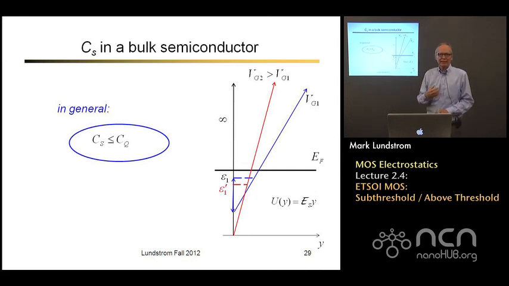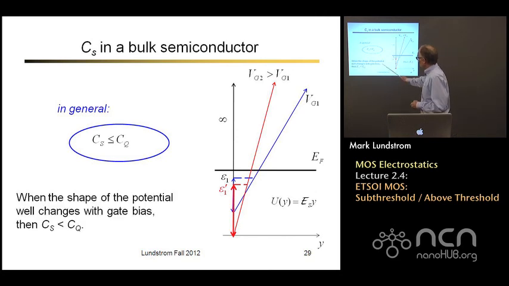So we don't get the increase in charge that we might have expected just by pulling the well down, because we pull it down and we squeeze it at the same time. So for a bulk structure, we really need to do fully self-consistent numerical calculations to get a handle on what that semiconductor capacitance is. Okay, so that occurs whenever the shape of the potential well changes with bias.